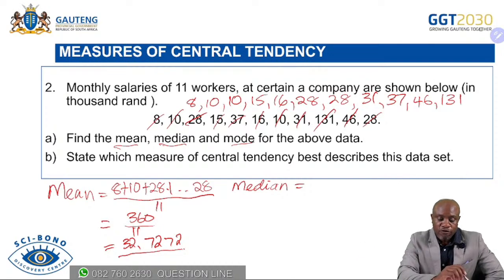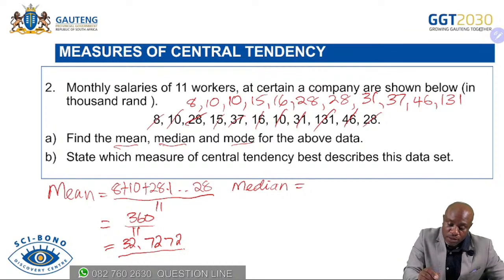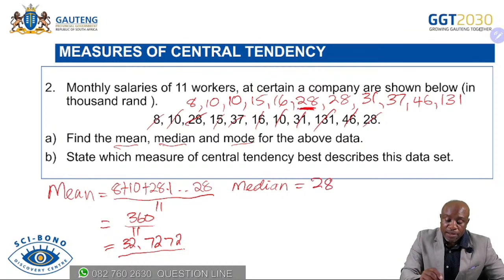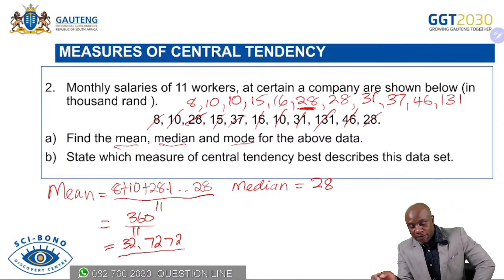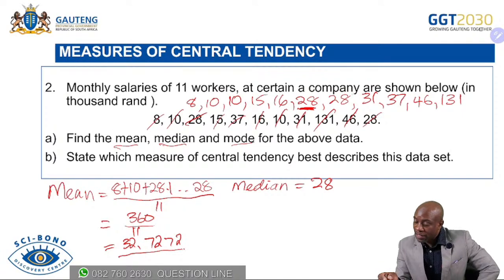It's easy for us to find the median in these values because there are 11 workers. So 1, 2, 3, 4, 5. 1, 2, 3, 4, 5. So the median is the 28 because that's the one that is in the middle. I'll have 5 numbers before it and 5 numbers after it. And I hope that's what you got.